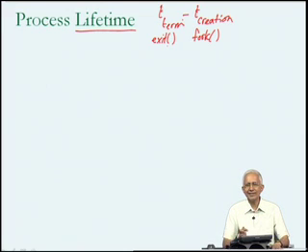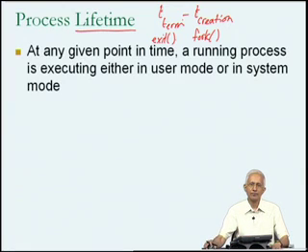Now, while a process is in execution, it might be interesting to keep track of how much time it has been in execution. In other words, the amount of time associated with that process at that instant. So it turns out that in Unix systems, as we have seen, at any given point in time, a running process is executing either in user mode or in system mode. It will be executing in user mode if it's executing the instructions of your program.